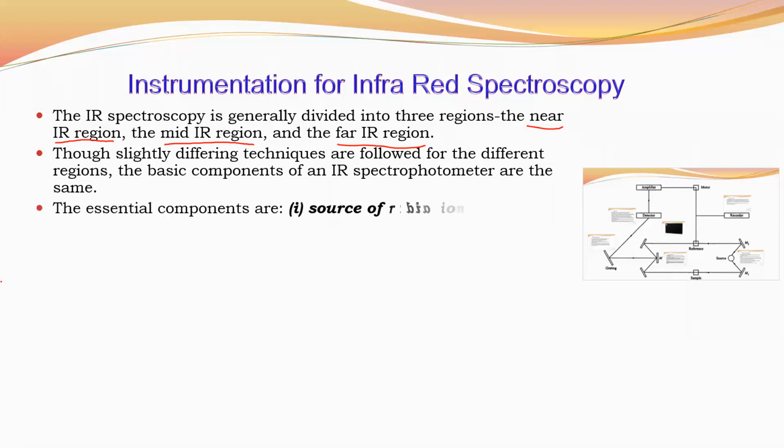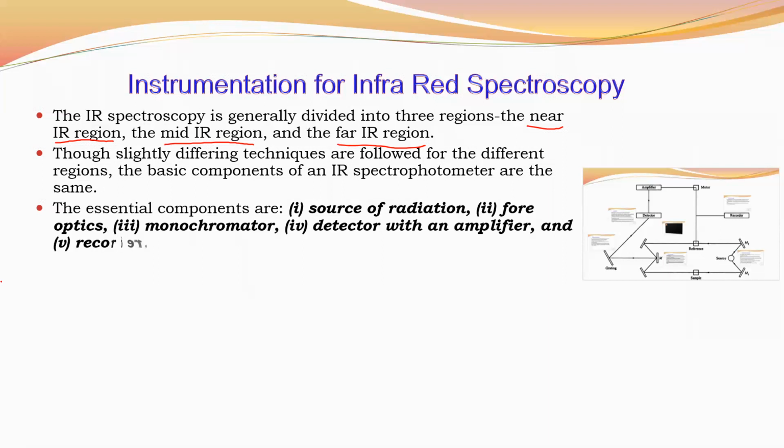The essential components are the source of radiation, the fore optics, monochromator, detector with an amplifier, and a recorder. These are the main components of an IR spectrophotometer.